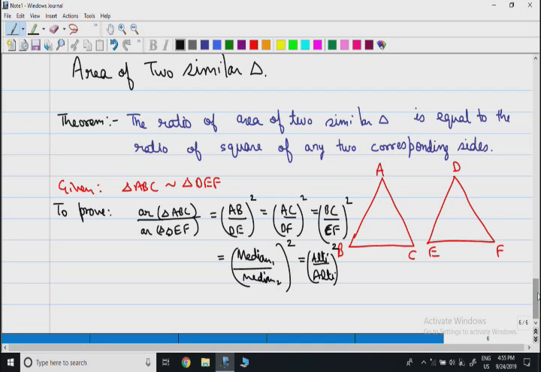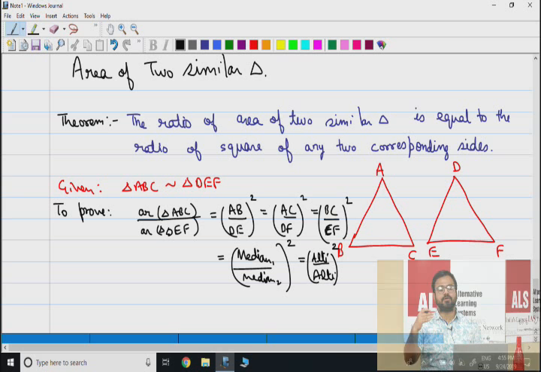Now since we are relating with the area, so area of triangle you all know it is given by half into base into height. So we don't know right now what is the height of the triangle. So what we will do, we will create the height. We will draw two altitudes of this triangle.